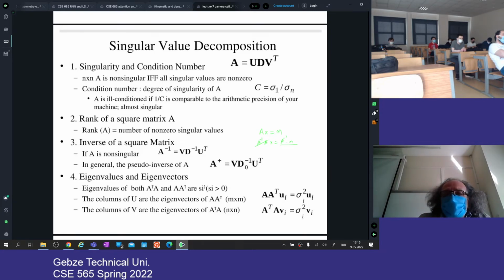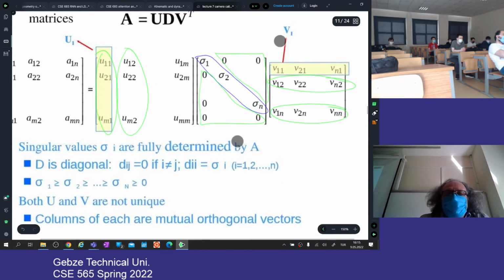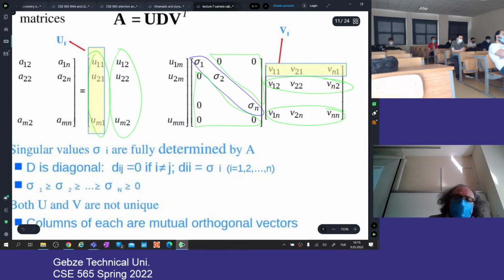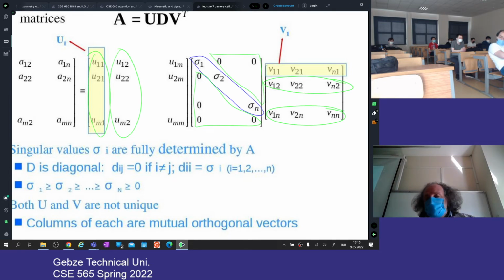Well, by looking at this matrix, when you say sigma n is not 0, for computer processing, not 0 doesn't mean that it is exactly 0. Remember, they would tell you to never use real numbers or double numbers to represent money. Why wouldn't you use double numbers to represent money?